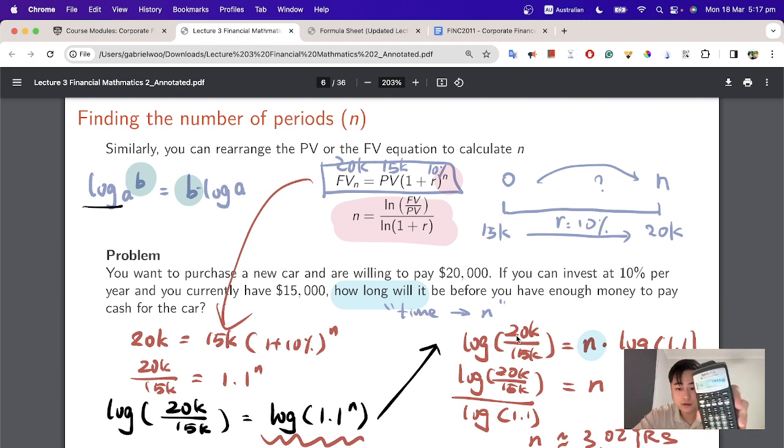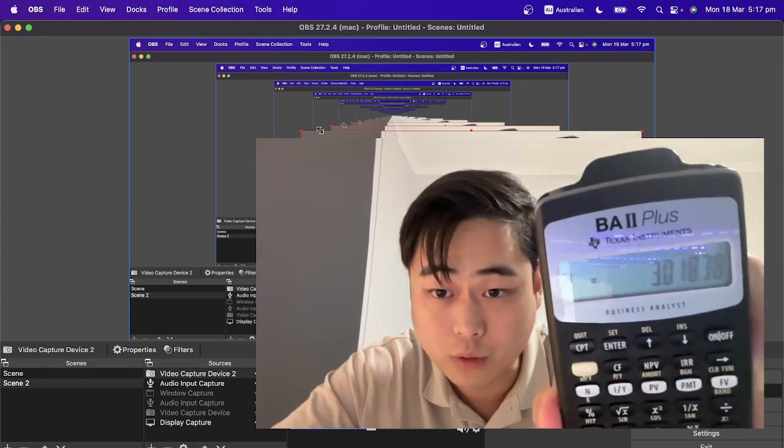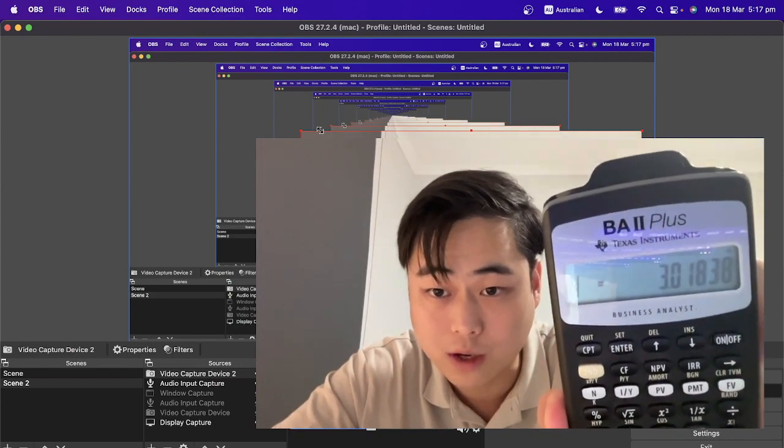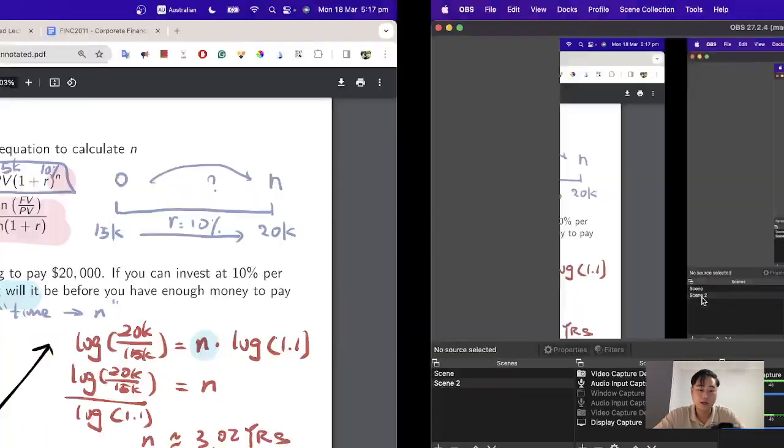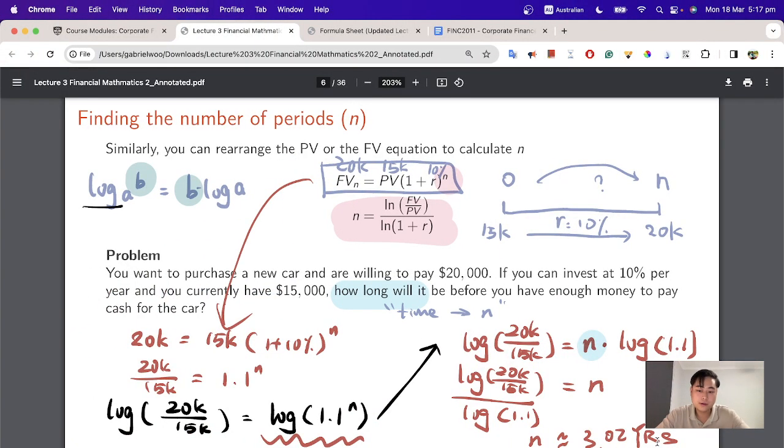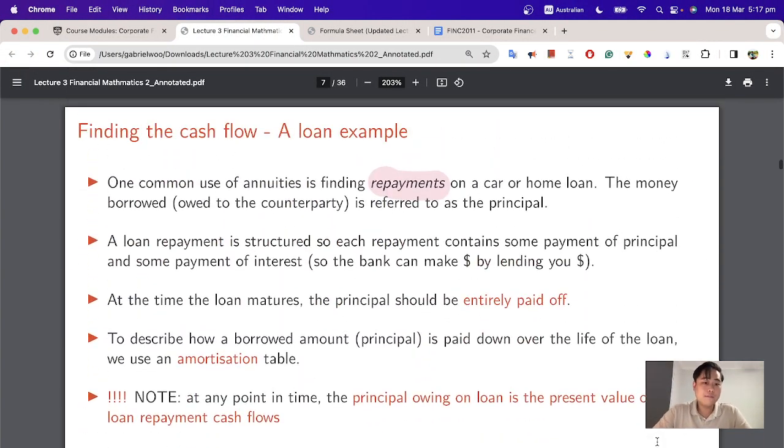Is that right? No, that is not right, because we have 10% as the interest rate. What we're looking for is N. N will be 3.01838. So that would be N, 3.018, so that is around 3.02.